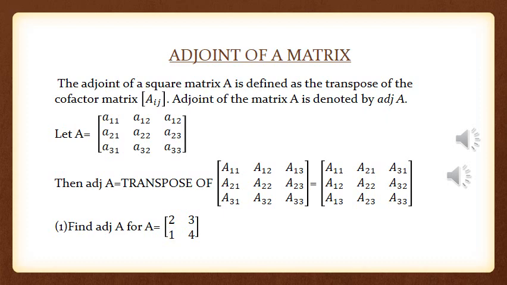This cofactor matrix is denoted by capital A c. Now, you take the transpose of the cofactor matrix. That matrix is called adjoint of the matrix. It's true only for a square matrix.